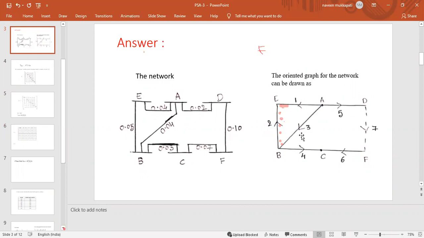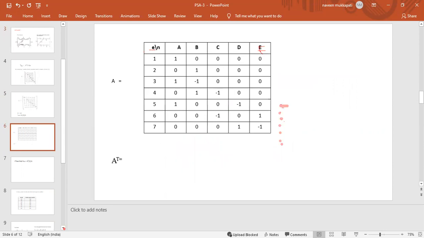The third element is away from node A, which means +1, and towards node B, which is -1. So B is -1, A is +1. Next, coming to element 4.